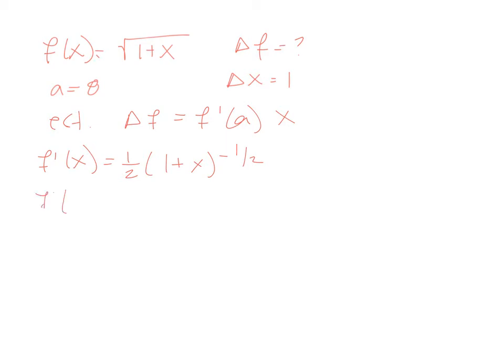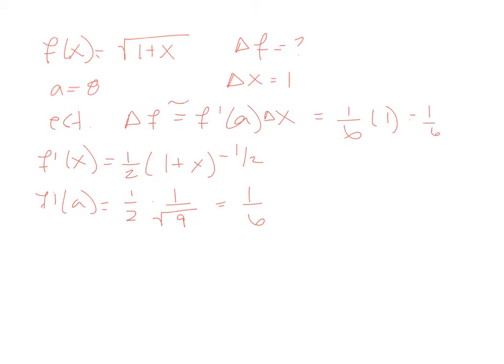So f prime at a is going to be 1/2 times 1 over the square root of 1 plus 8, which is 9, which is 1/6. That's my f prime of a. I forgot the change of x there. So 1/6 times 1, I come up with 1/6.